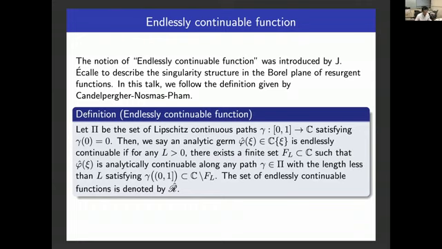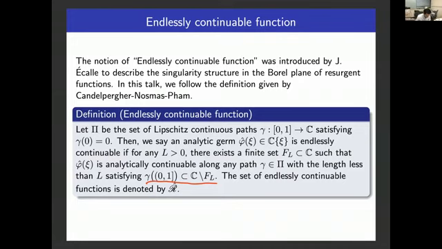Then we say an analytic germ pi hat of xi is endlessly continuable if for any positive constant L, there exists a finite set F_L in the complex plane such that pi hat is analytically continuable along any path gamma in Pi with length less than L, satisfying this condition. And the set of endlessly continuable functions is denoted by R hat.